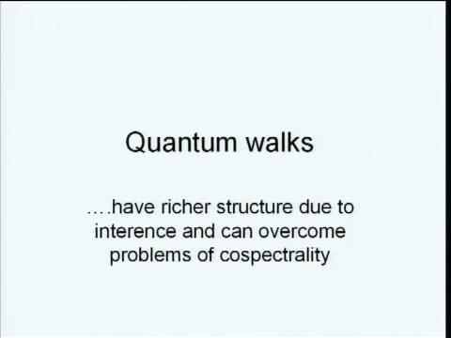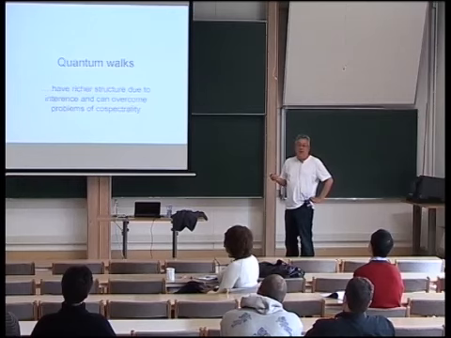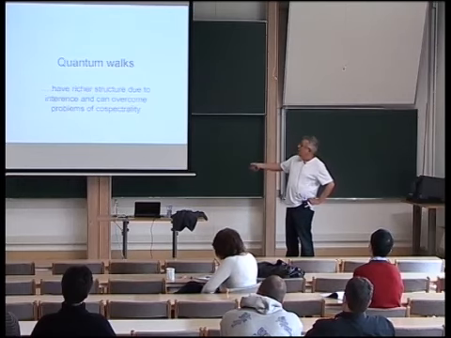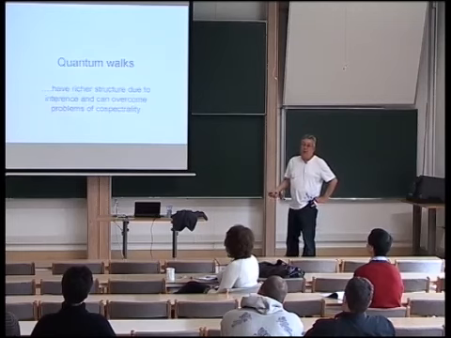I'll just skip briefly through the last section without going into any detail. Obviously one of the problems that can confound this spectral analysis of graphs is that if we take two graphs that have different structure and they give rise to the same spectrum, that problem is known as co-spectrality, and it is particularly bad for trees. In fact, it's known that almost all trees are co-spectral.